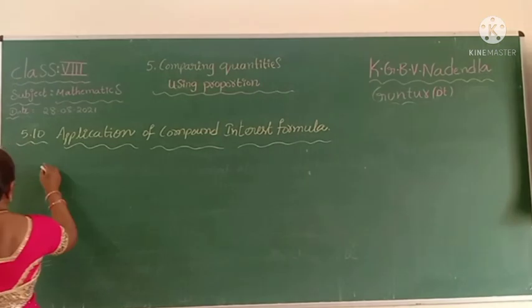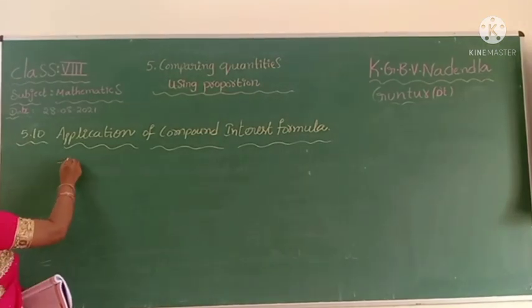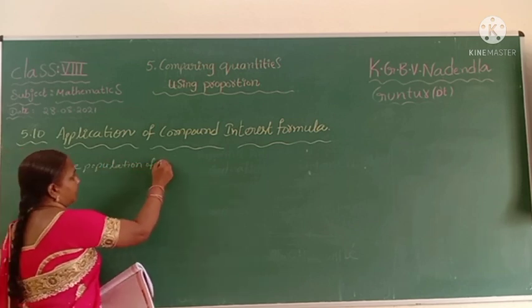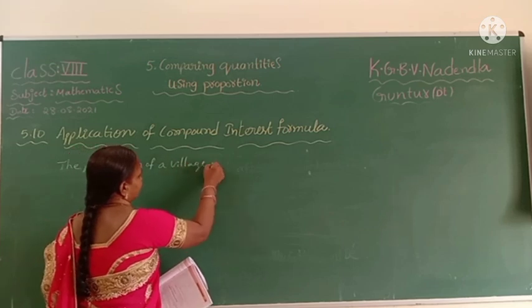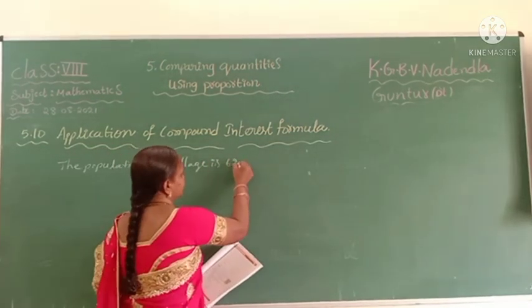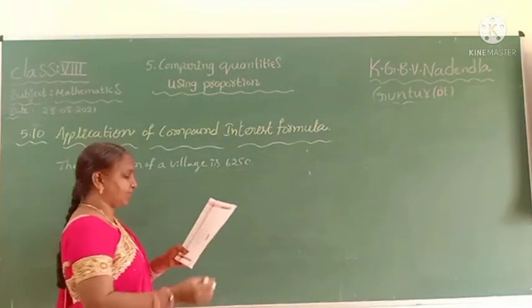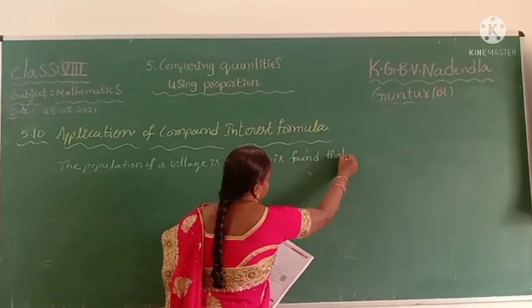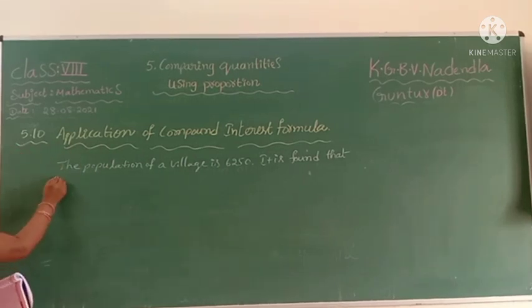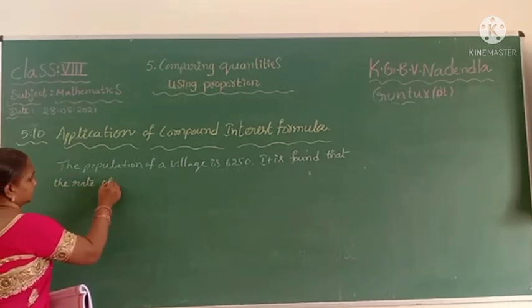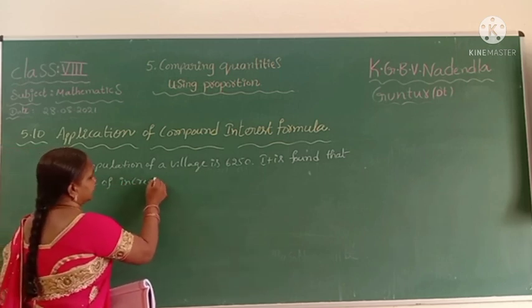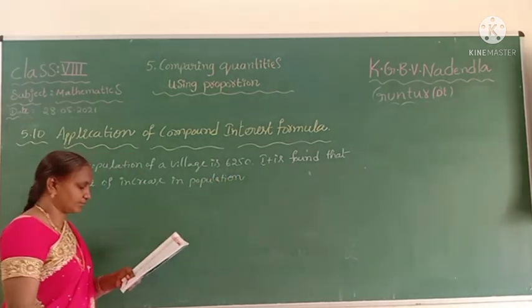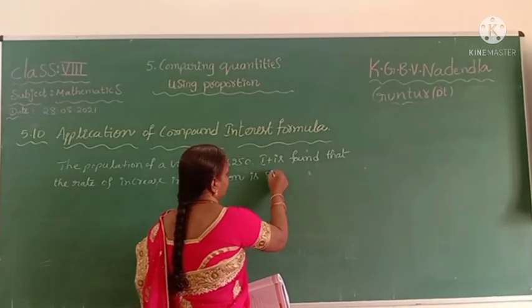The population of a village is 6,250. The rate of increase in population is 8% per annum.